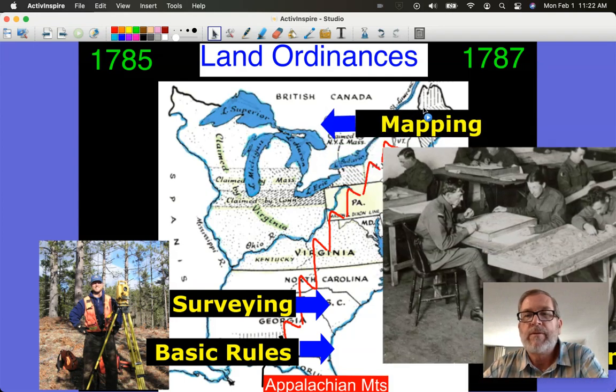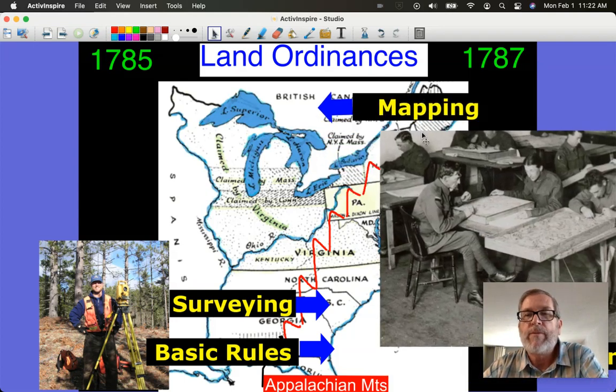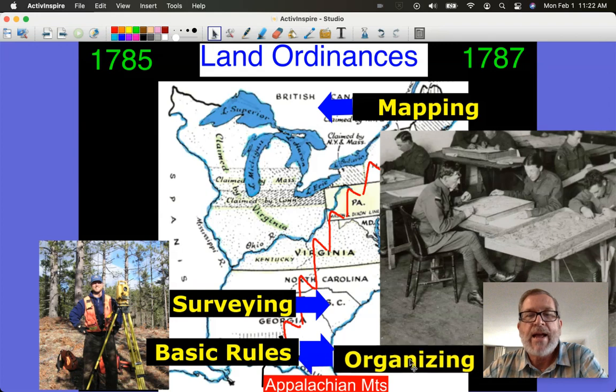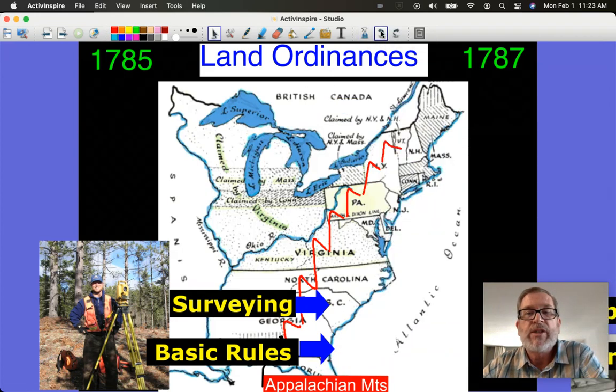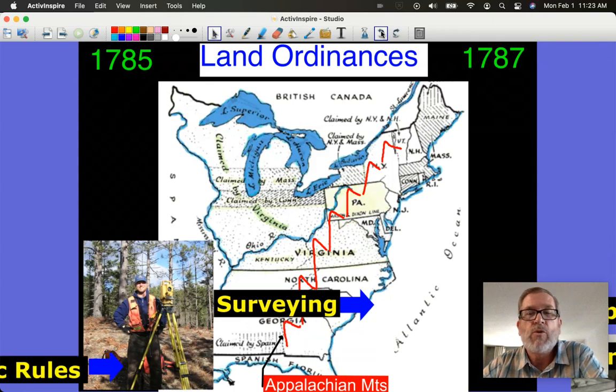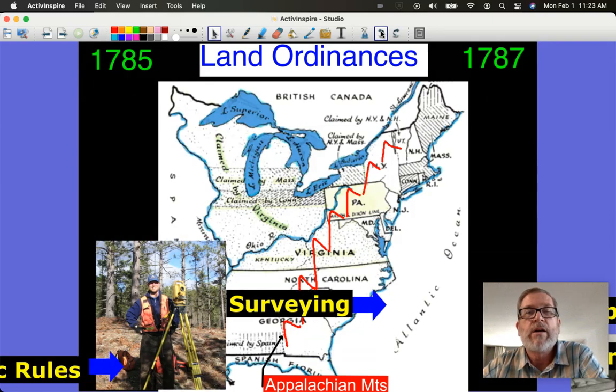And here's a picture of some gentlemen, this looks like World War I or World War II, doing topographic maps. Then it has to be organized, so all these principles have to go into play to make this happen. Interestingly enough, one of our earliest American surveyors was George Washington when he was really young.